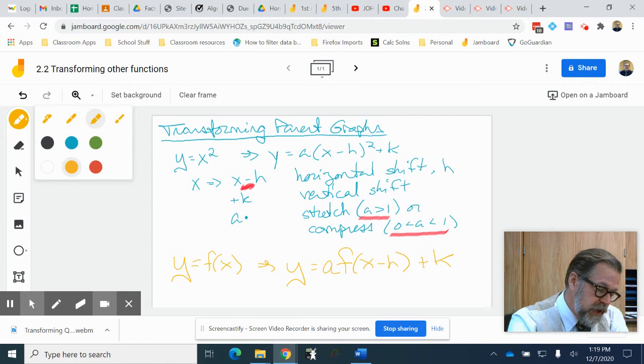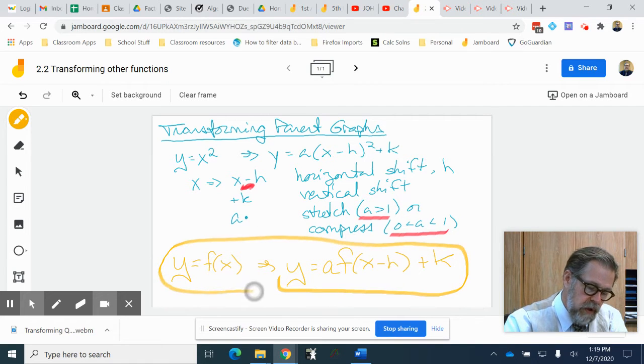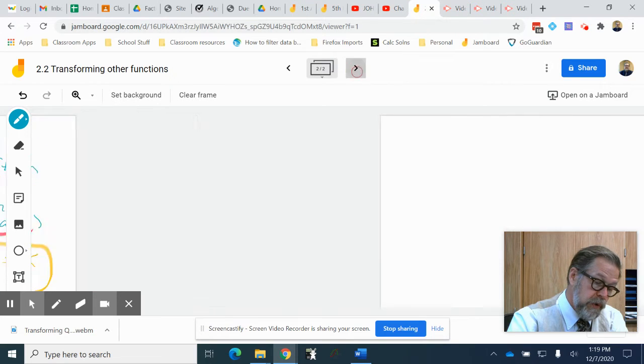This is the general form of a transformed function y equals f of x. Let me show you some quick examples.